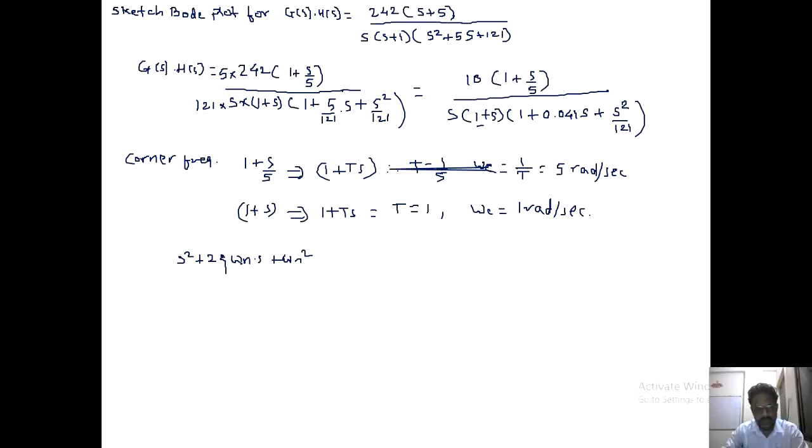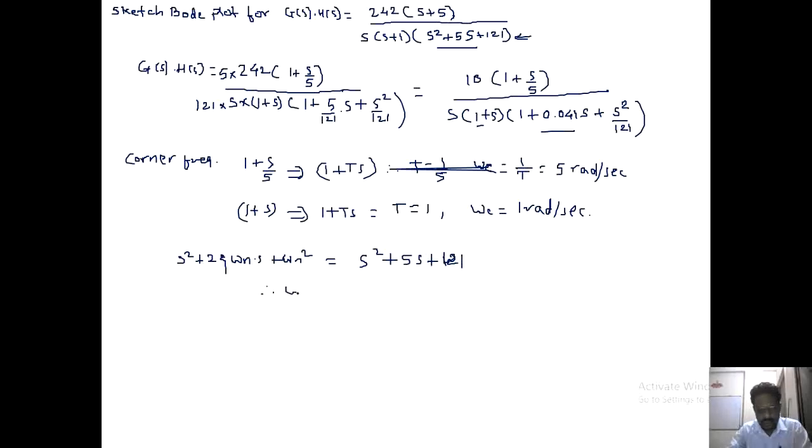So s square plus twice zeta omega n s plus omega n square should be compared with this term 1 plus 0.041 s plus s square by 121. Or simply, before we convert it into standard form, we have a simple quadratic equation s square plus 5s plus 121. So instead of taking this for calculation, consider this equation. So s square plus twice zeta omega n s plus omega n square equals s square plus 5s plus 121.